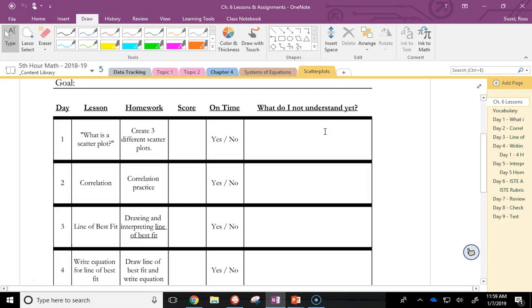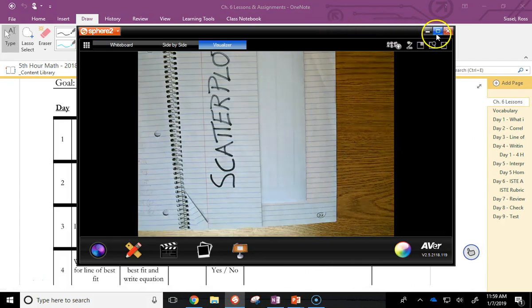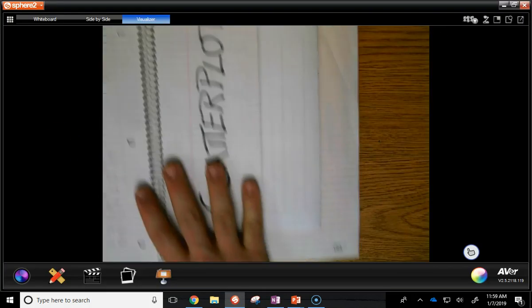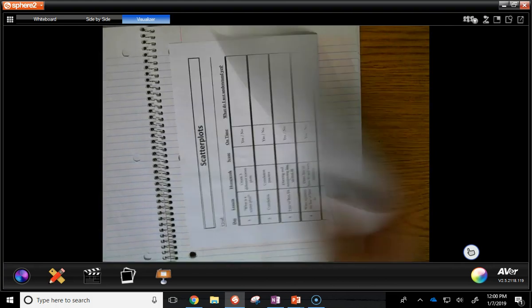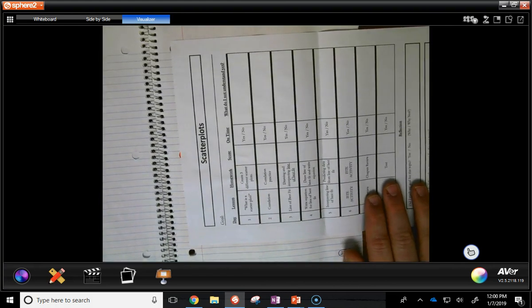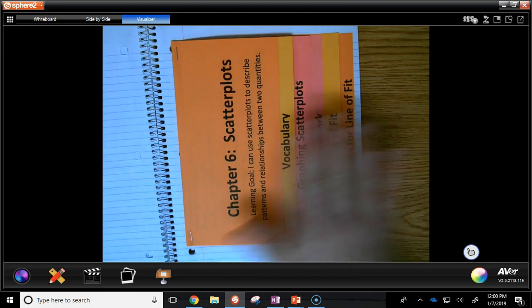What you're going to do, remember, in your notebook, you were to glue stuff in. In your math notebook, we have scatter plot. That's where this page was that you're filling out right now. On the next page, you were to glue your foldable in.